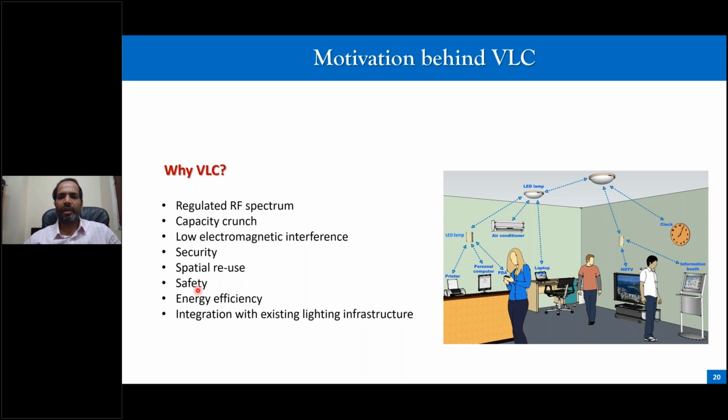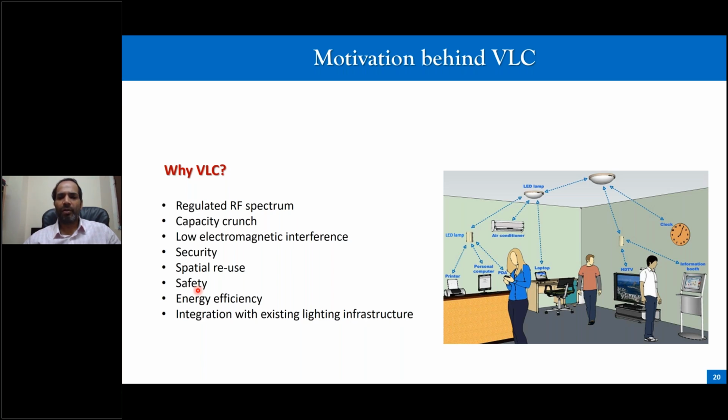It's safe, because human beings have been exposed to light rays for ages. We have been exposed to sunlight for ages, and we know that it doesn't cause any health concerns whatsoever. On the other hand, still people don't know what is the impact of these 5G frequencies or 6G frequencies on the human body. How does the human body react to these frequencies?